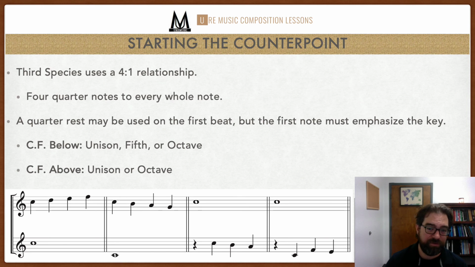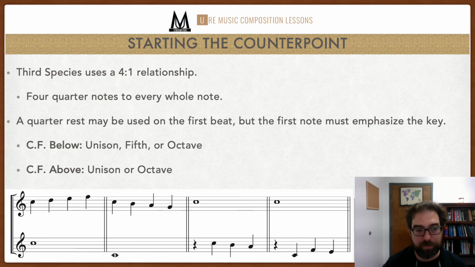And again, the reason for that is that if you start with a fifth below the cantus firmus, and let's say we're in Ionian here with a C, then your starting pitch, the lowest note for the beginning of the counterpoint solution, is going to be an F. So all of a sudden, it no longer sounds like Dorian, it sounds like Lydian. So it starts on F instead of C. So we want to really emphasize the tonality. So that's why you have to start with an octave or a unison.